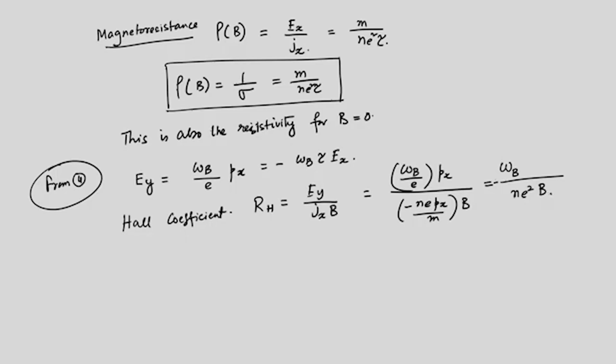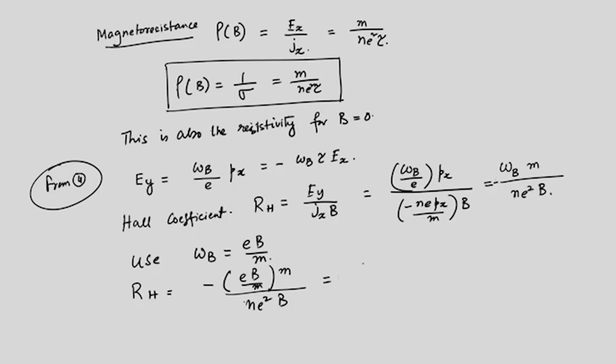So in the Hall coefficient, if we use omega_B, which is the cyclotron frequency, equal to eB over m, then your R_H becomes equal to minus eB over m into m, and M was in the denominator, so the m will be there, and then you have Ne squared B. This is equal to minus 1 over Ne, which is a result that is usually obtained in the lab.